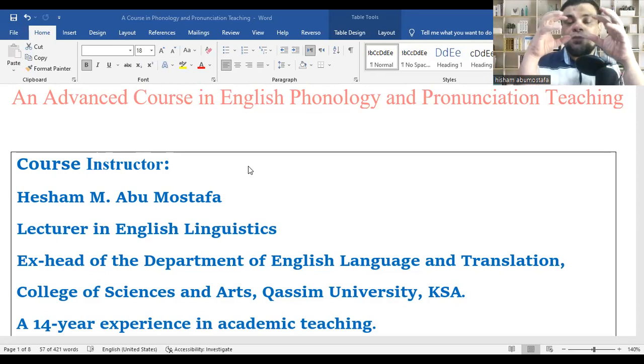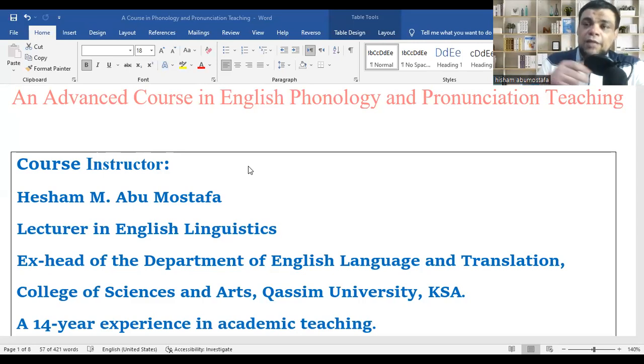So in phonetics, we study how each sound is produced and distinguish between similar vowels, similar consonants, and minimal pairs, and so on. But in phonology, we go further and discuss what is larger than, what is beyond the phoneme, okay?